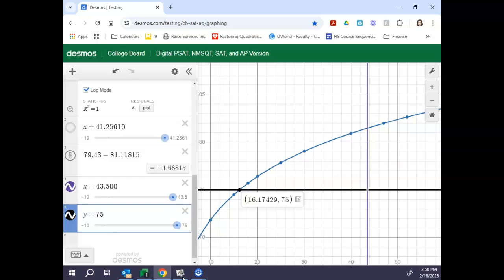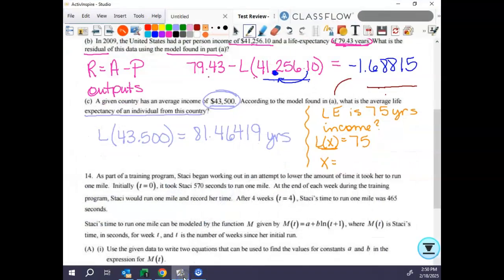I could do that two different ways. I could put the 16 number and say thousands of dollars, or because it's talking about it like it is, I could say X equals $16,174.29.